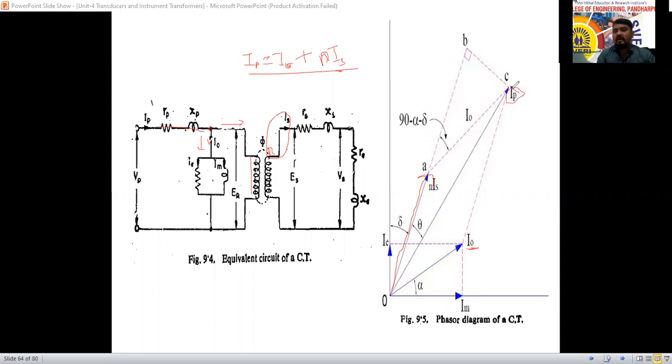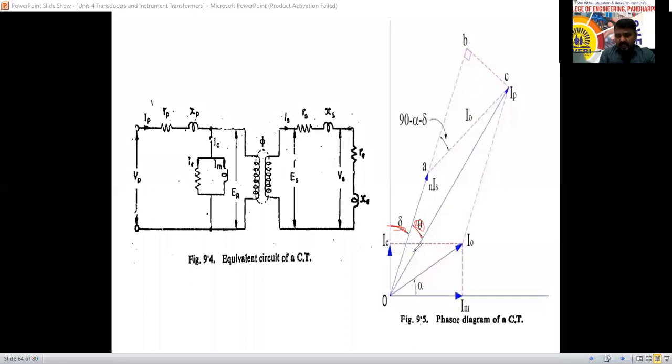So that angle, see here now. The angle between I naught and N IS is called delta, and IP and N IS, that is called theta. Theta is the angle difference between primary and secondary. So can anyone tell me what is the angle difference in total now?